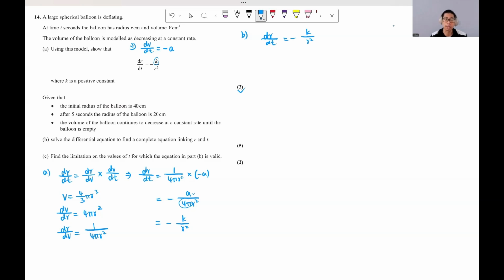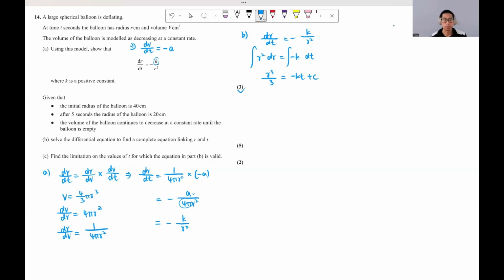So times by r squared for both sides, and times by dt for both sides. Then we can integrate both sides. Integrating r squared gives r cubed over 3, plus 1 to the power divided by the new power. And then negative k integrates to negative kt plus c.